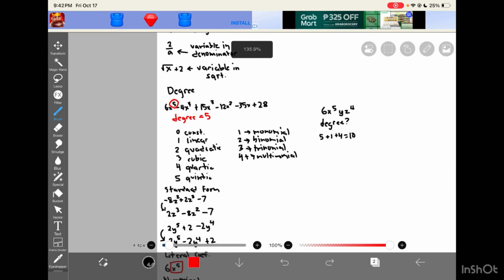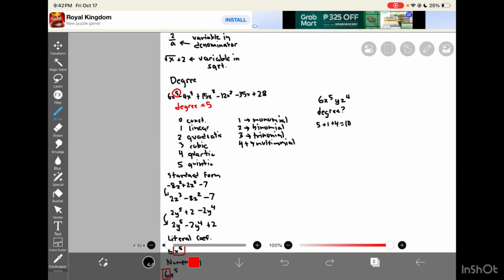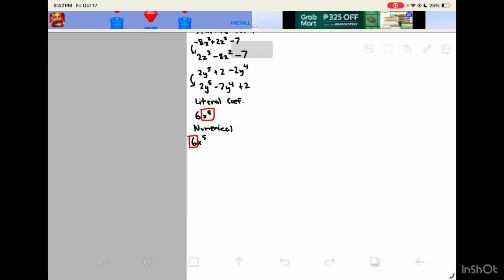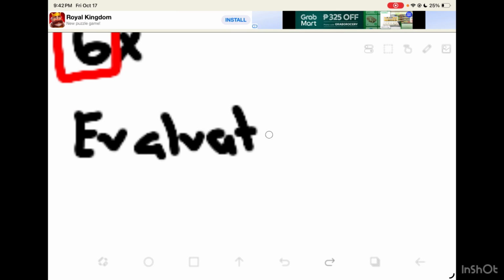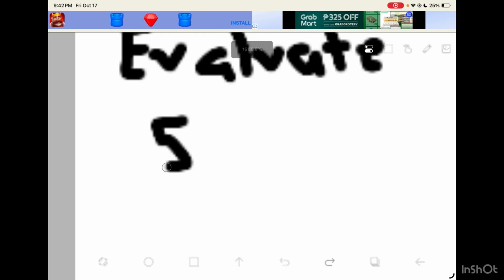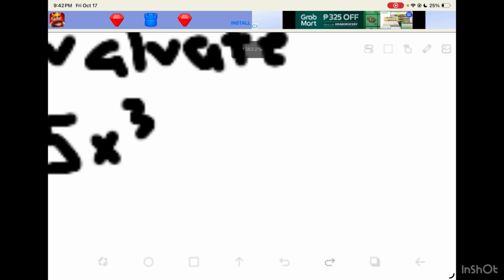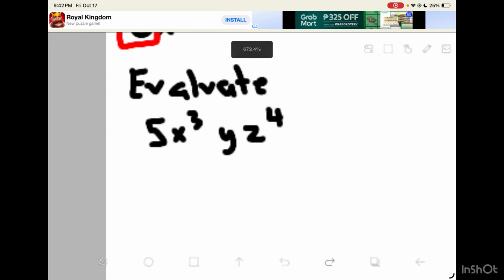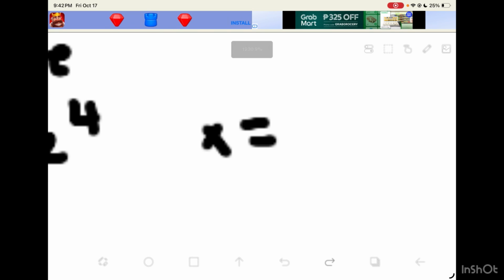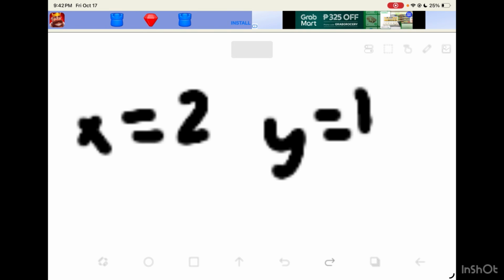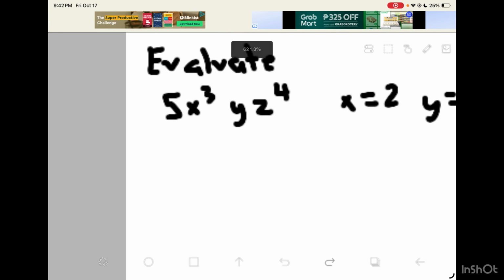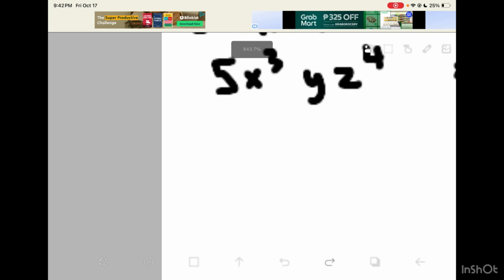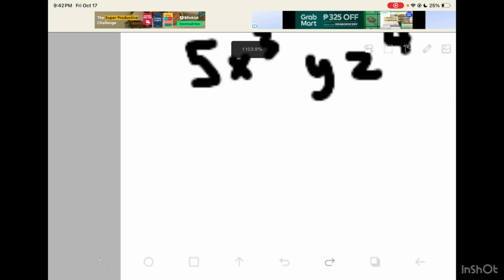Okay, that's lastly. So lastly, evaluating polynomials. Let's evaluate 5x cubed y z raised to 4, given that x is equal to 2, y is equal to 1, and z equals -1. I'm going to show you how to type it in the calculator. First, let's substitute.